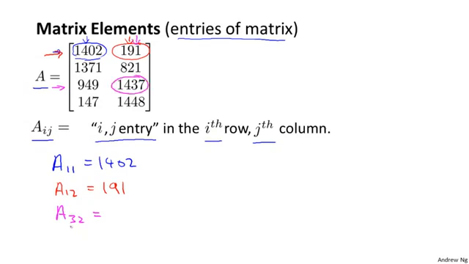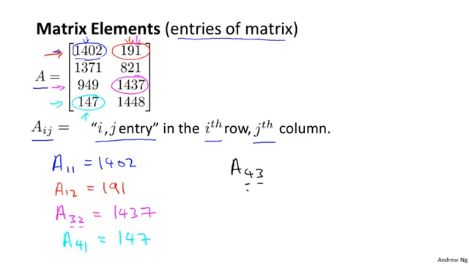Okay, that's 32. So that's equal to 1437. And finally, A41 is going to refer to this one, right? Fourth row, first column, is equal to 147.